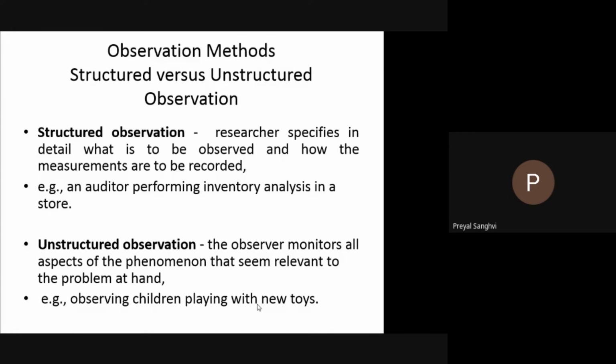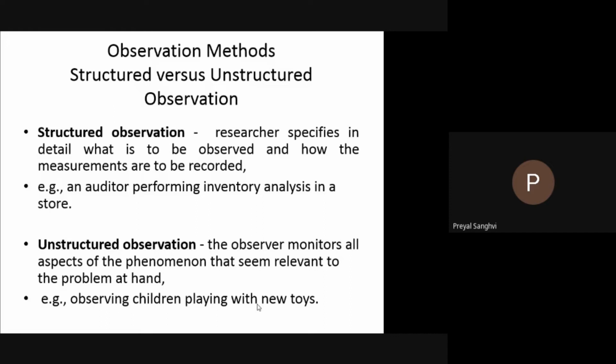If we talk about unstructured observation, then the researcher is not aware of what they need to observe. For example, if a researcher needs to understand child behavior, it is not clear to the researcher what exactly they need to observe.